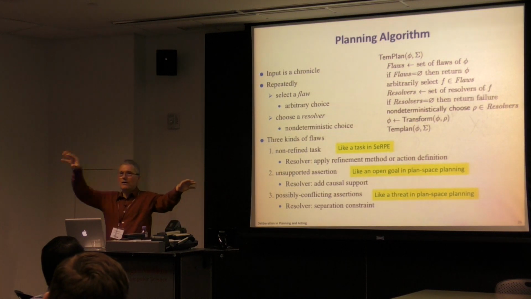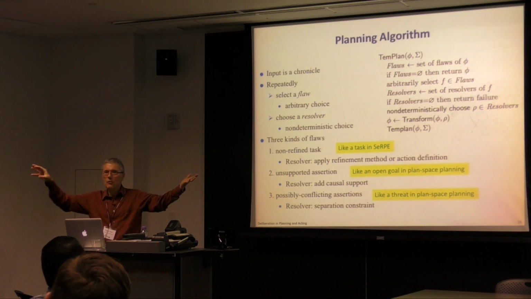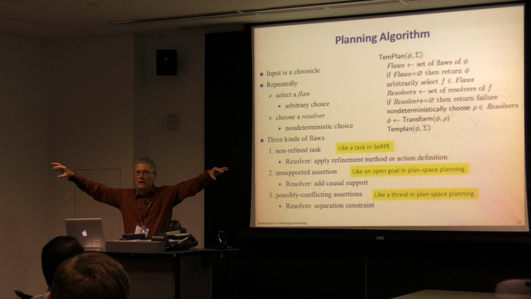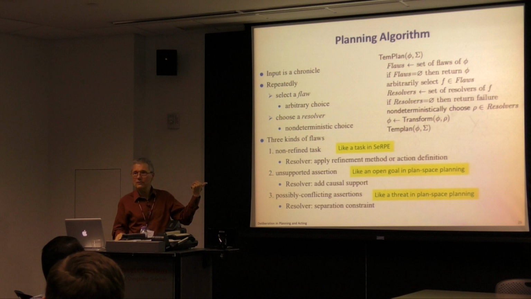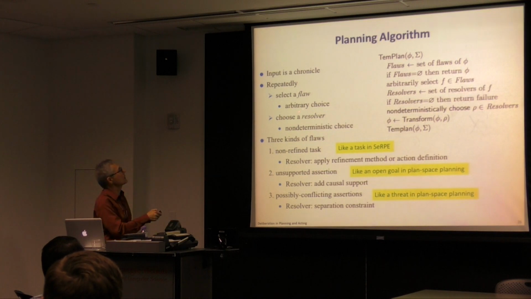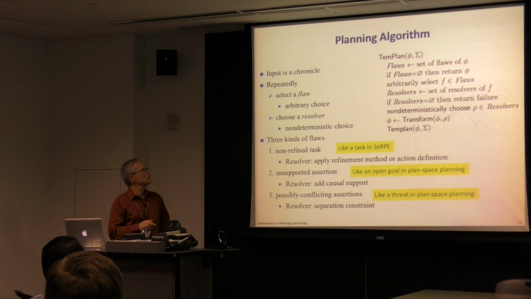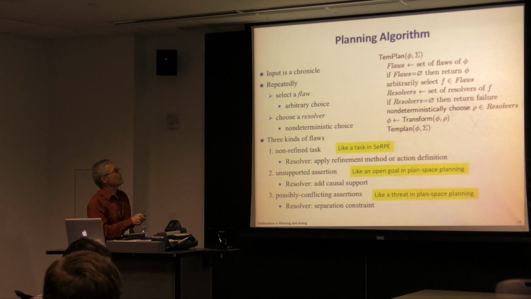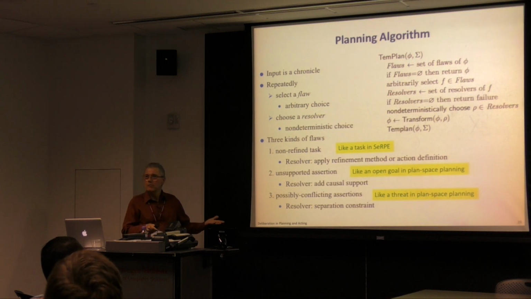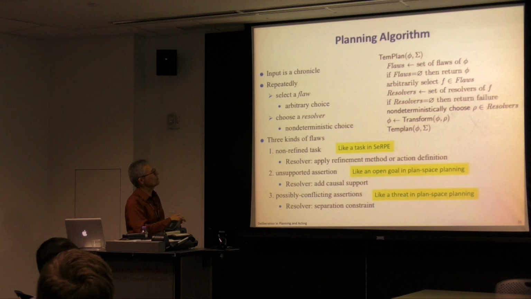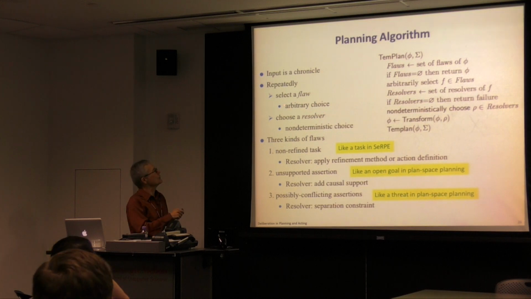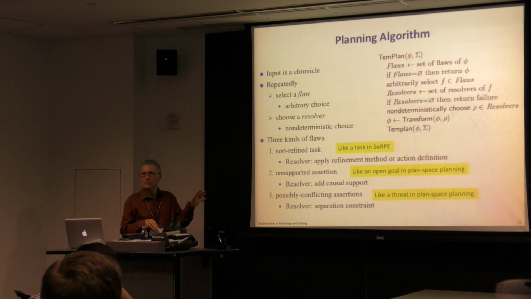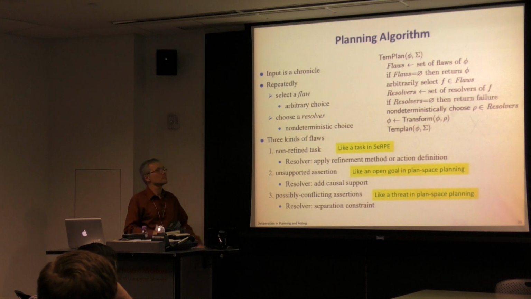You have an initial state, you have a goal state, your goal state has got a bunch of open goals, and you need to put in stuff in between. All right? This is a generalization of that, okay? A chronicle. And in partial order planning, the partial plan had flaws. We have flaws here. The partial order planner would choose resolvers. We choose resolvers here. So it's a fairly straightforward generalization. The devil is in the details.